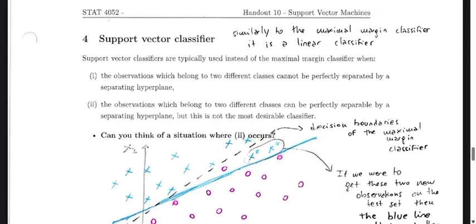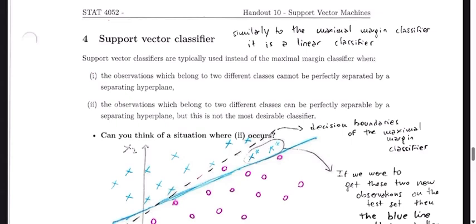Like I said, it's a soft margin classifier because it's realistic in the real world. It's going to allow some kind of misclassification, and because it allows some misclassification, it makes the model more flexible and robust when our data set is not perfectly separable.